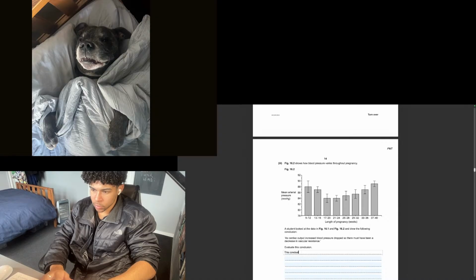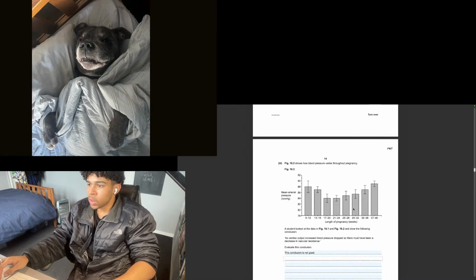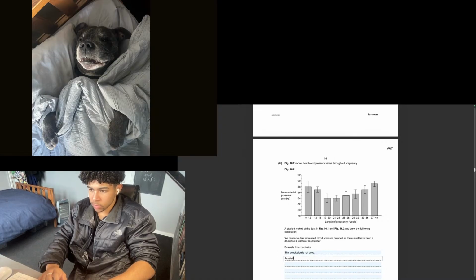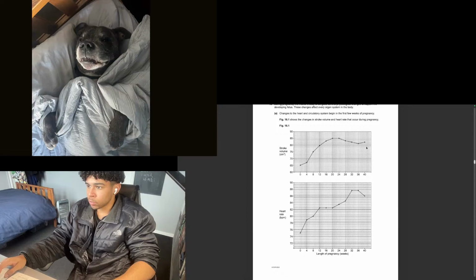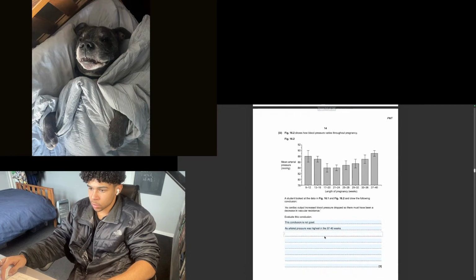This conclusion is not good. It's not good because actually, as arterial pressure was highest in the 37 to 40 weeks, whereas stroke volume was cardiac output.